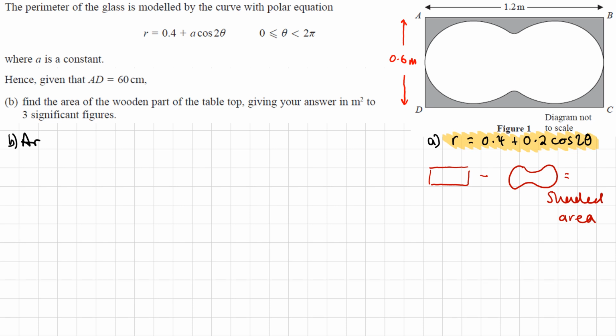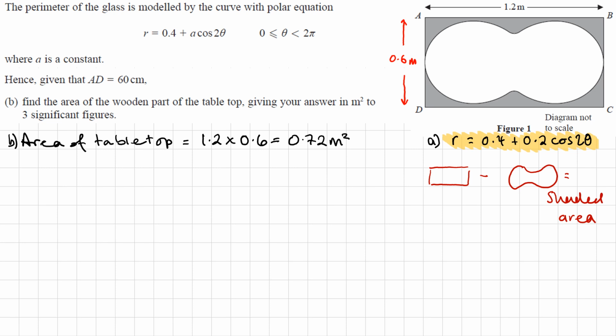The area of the rectangle is the area of the whole tabletop, and that's just 1.2 times 0.6, which is 0.72 meters squared. So that's the area of this part here. Let's put a little bubble around it so we don't lose that answer.